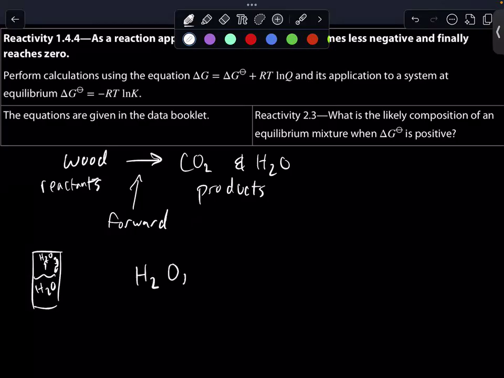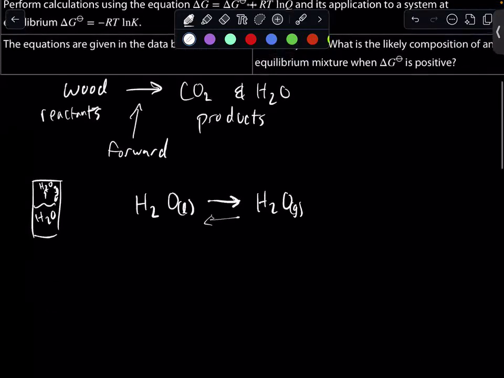So we have H2O liquid turning into H2O gas, and some of that might go back into H2O liquid. So we don't actually use this arrow, we do a double half arrow. This shows that there is what we call a reversible reaction. We can progress forwards or backwards.